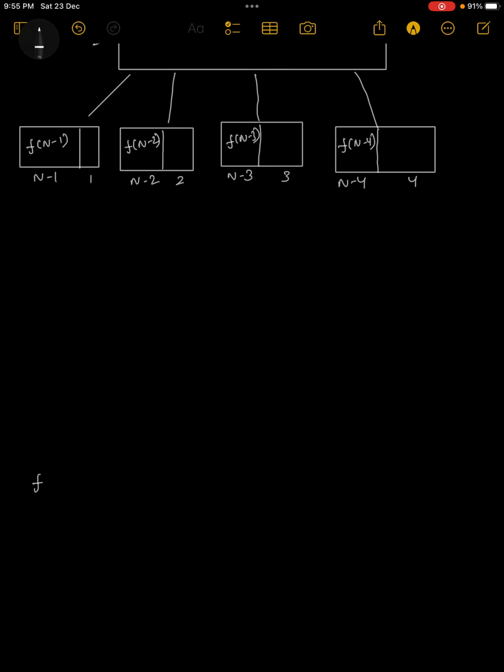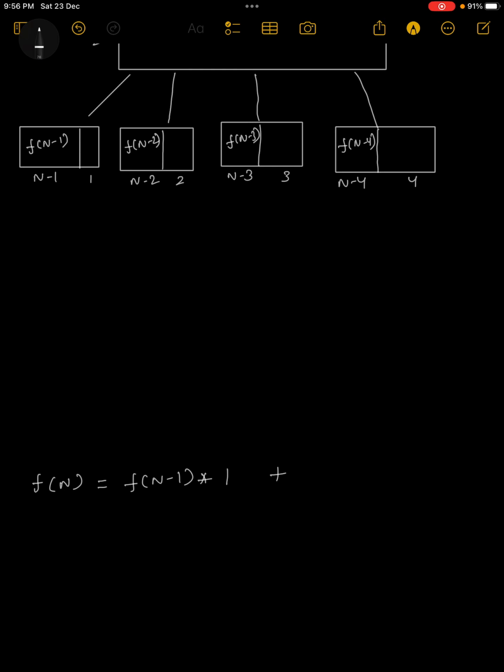Let's say the total number of ways to tile a 2 cross n board is f of n. Then the total answer would be f of n minus 1 into the number of ways to tile the remaining 2 cross 1 area, and that number of ways will be 1, because there is only one way to tile a 2 cross 1 board using one domino.